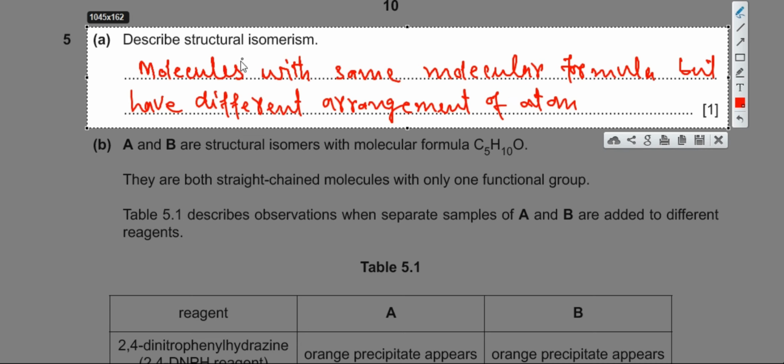So this is the definition or description for the structural isomers.